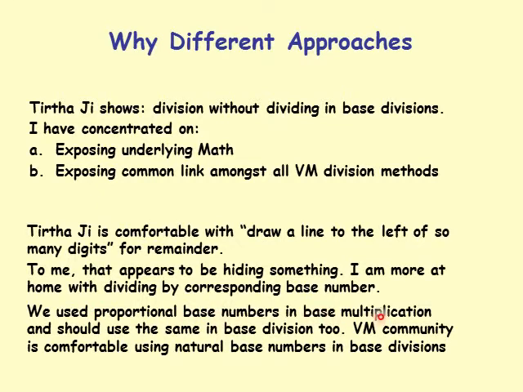We had used proportional base numbers in base multiplications, and we should use the same in base division too. But the VM community is comfortable using only the natural base numbers in base division, as Tirthaji used only the natural base numbers.